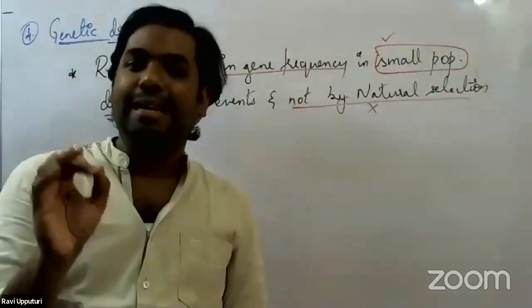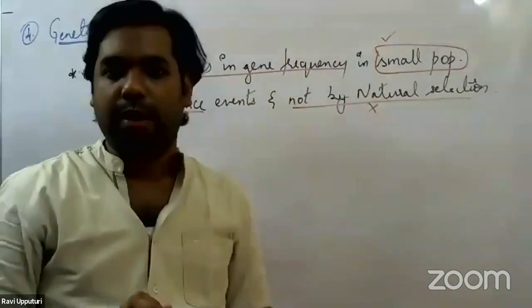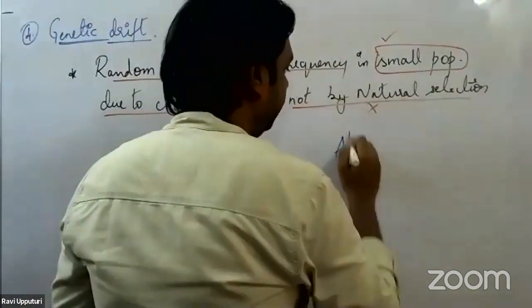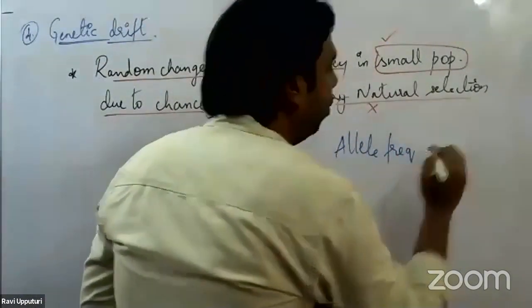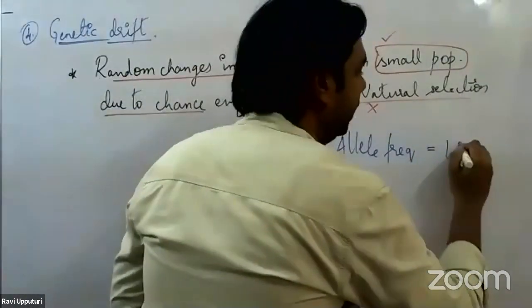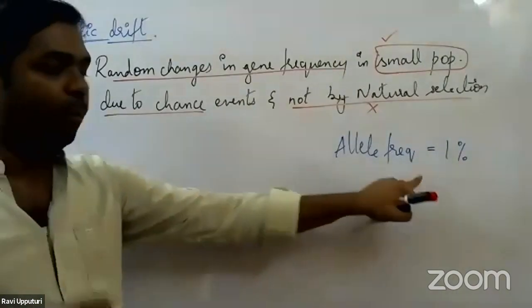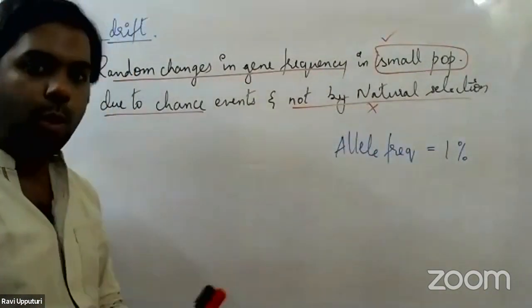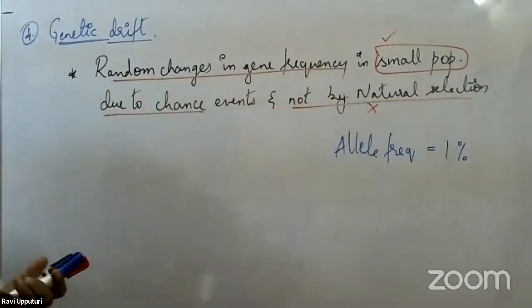Now, the allele frequency of one type of allele is, say, 1%. So the allele frequency for one particular type of allele is only 1%. Now let us consider two populations: a large population and a small population.